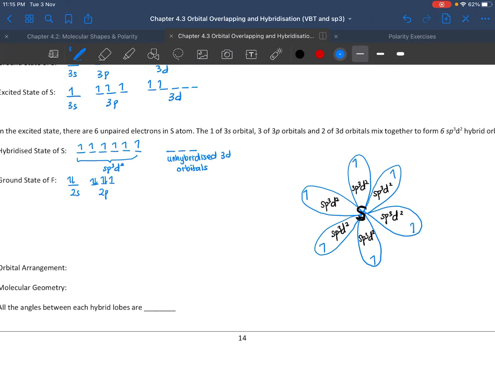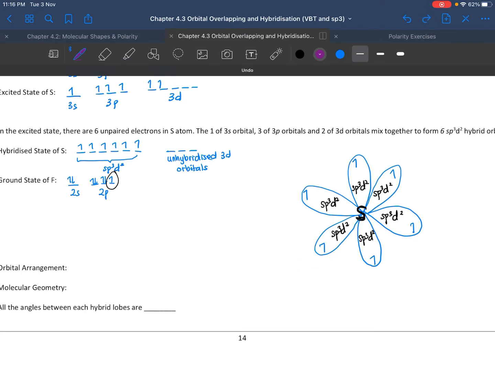Okay, and then bonded to sulfur, bonded to fluorine. Okay, so sulfur bonded to fluorine yang unpaired ni. Okay, so dia bonded with electron yang unpaired. And this electron yang unpaired berada pada 2p orbital. So maksudnya kita kena draw overlapping antara dumbbell dengan this Sp3 D2 hybrid orbital. Okay, so let's use this color. We need space here.